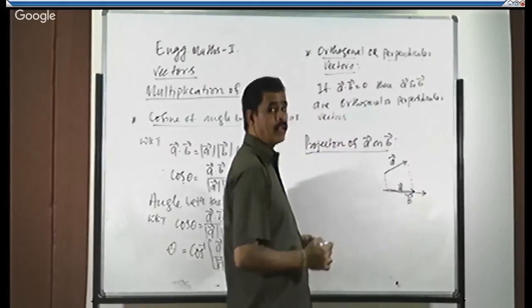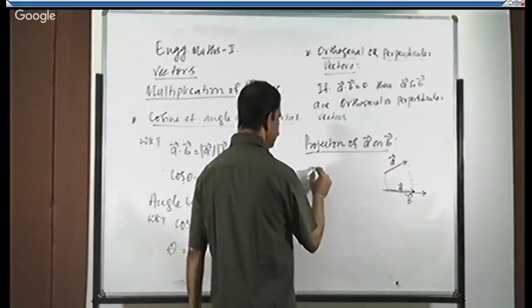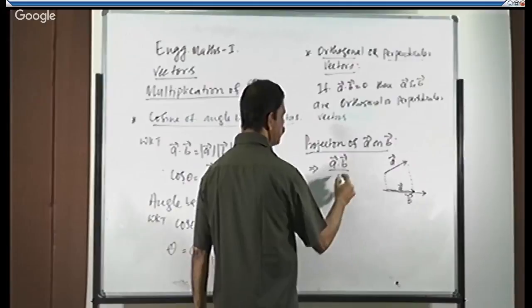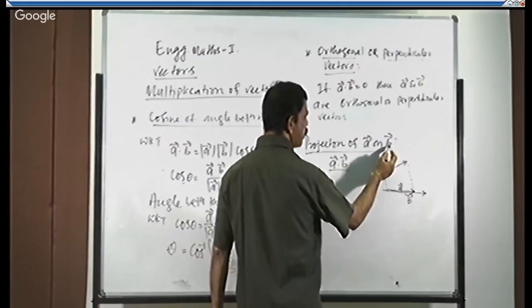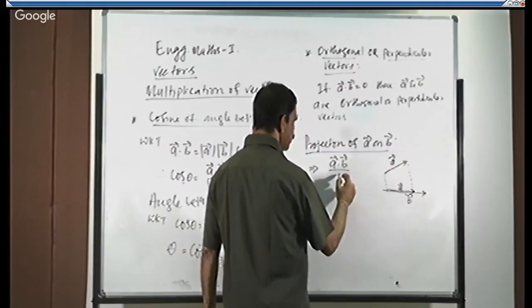We can get this using the dot product. Projection of A on B is equal to their dot product divided by the magnitude of the vector on which it is projected. We are projecting A on B, so the magnitude of B is to be taken.